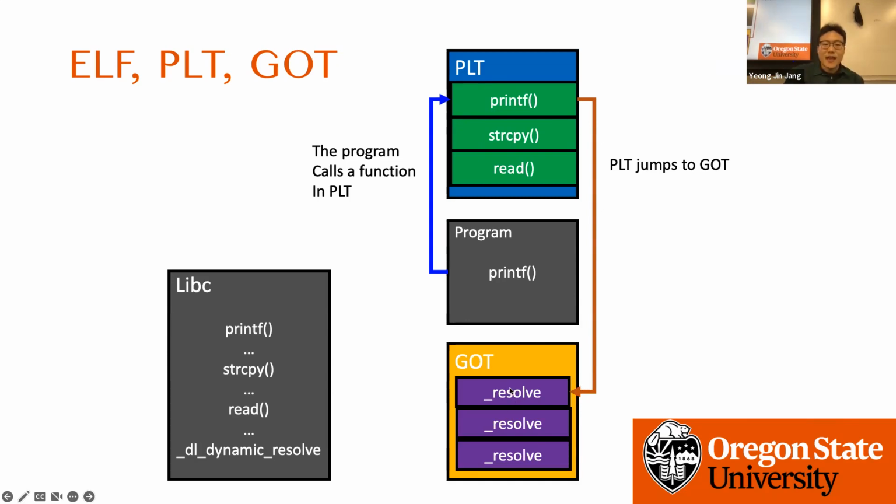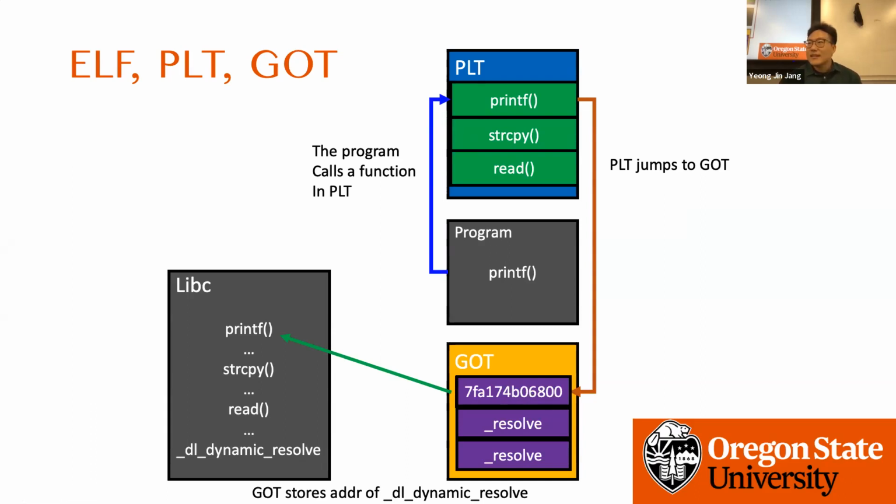At the start, it will have a DL resolver address, so it will call that. After DL resolving and finding printf, it puts the address here, and we can call the real printf.